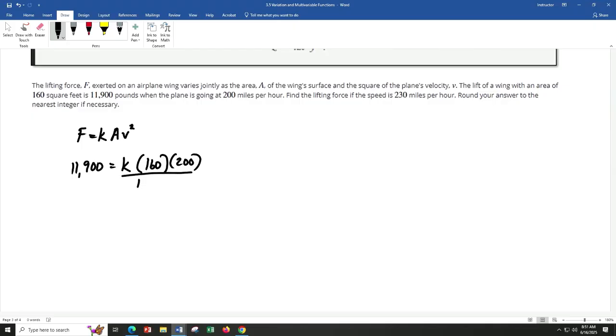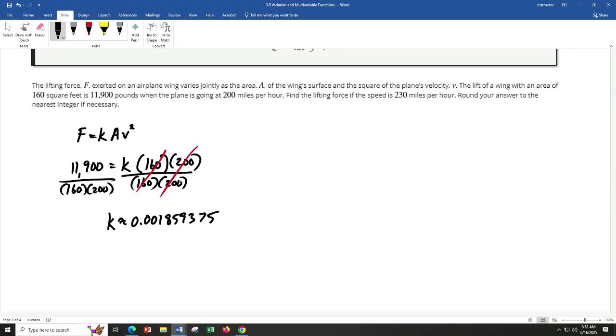Can't I just take all of this and divide that off? That cancels all that out. Then I get a K value that's extremely small. K is equal to 0.001859375.